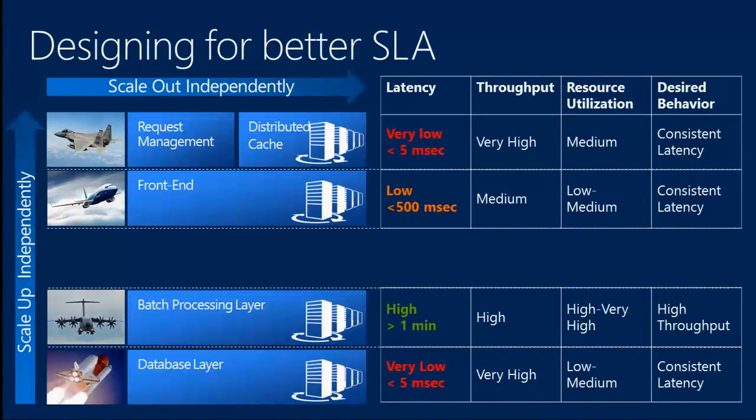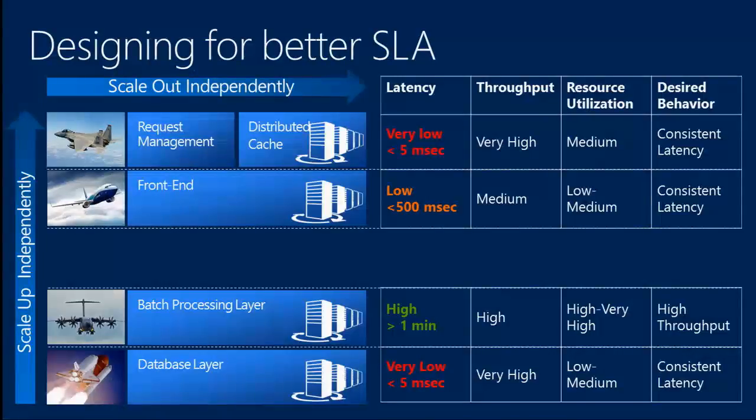Your front end hosts your service applications that serve your end users directly. They don't need to be as fast as the caching and routing layer, but they still need to be fast and consistent. And your batch processing layer is where the heavy lifting happens. It's noisy, it's spiky, it might be slow.